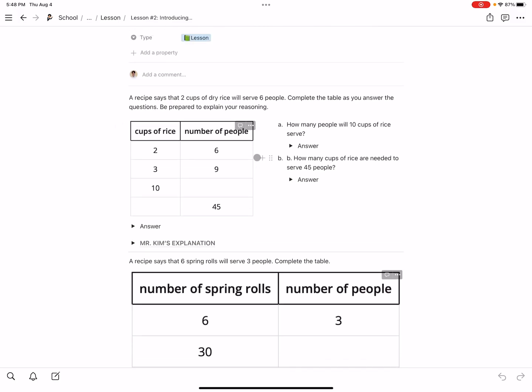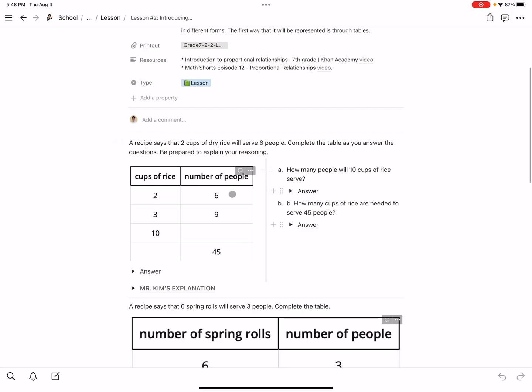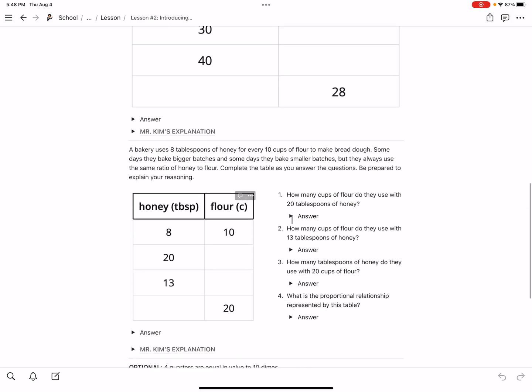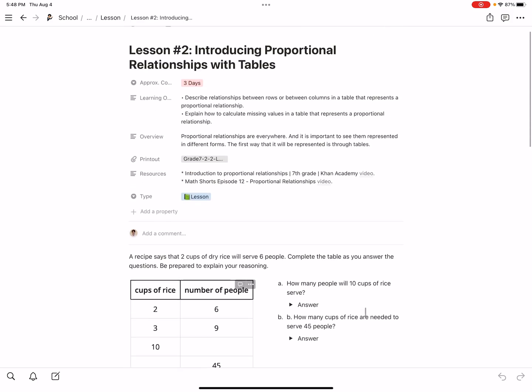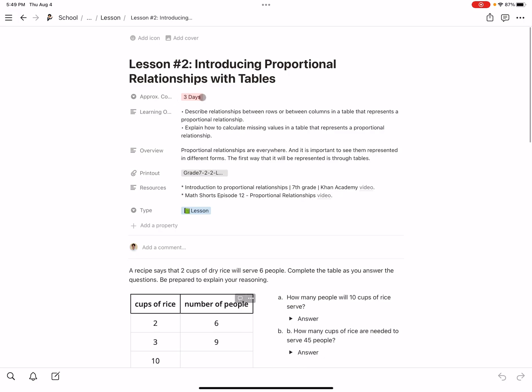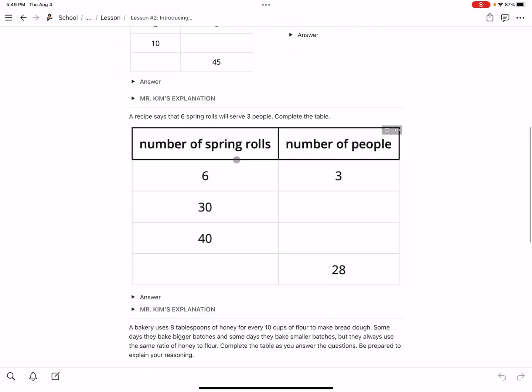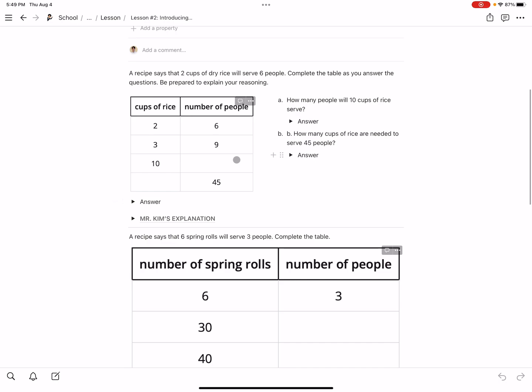That's how I divided up the days. It's about 1 hour per problem. That's why it's 3 days or 3 hours, because there are 3 different problems and one problem is supposed to take you about an hour to solve. And obviously you're like, oh, Mr. Kim, this shouldn't take me an hour, but that's why I'm telling you, you've got to wrestle with it. And that's why it should take you about an hour.